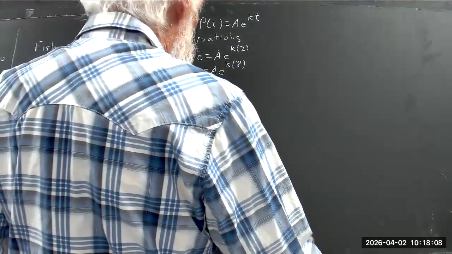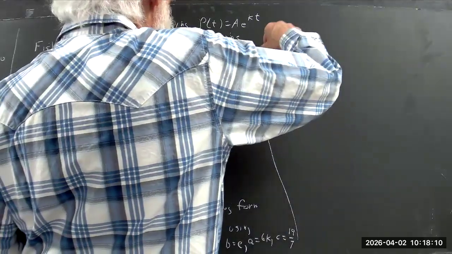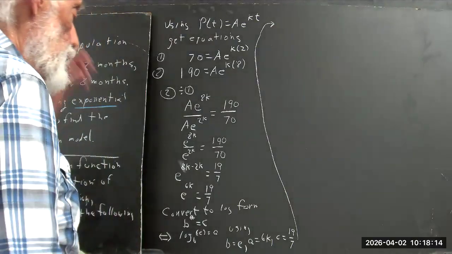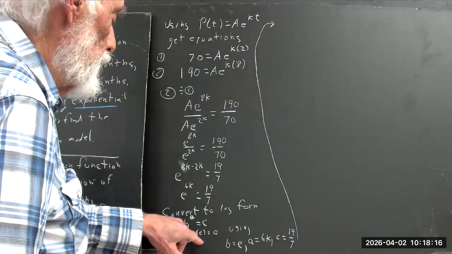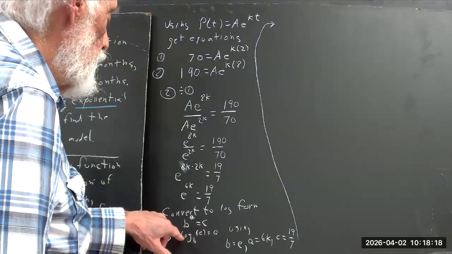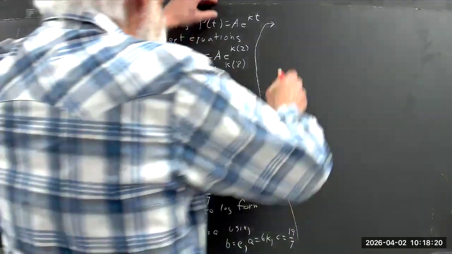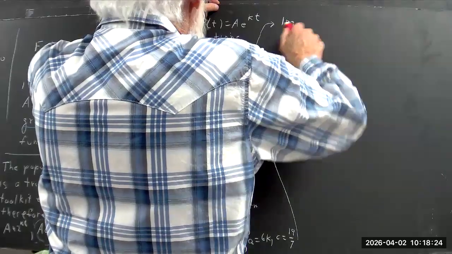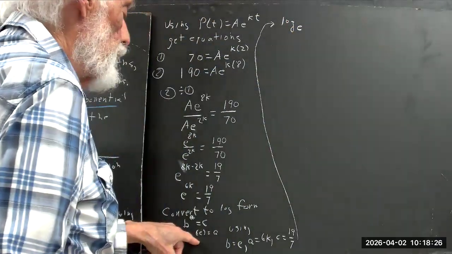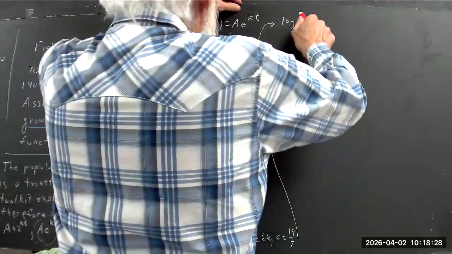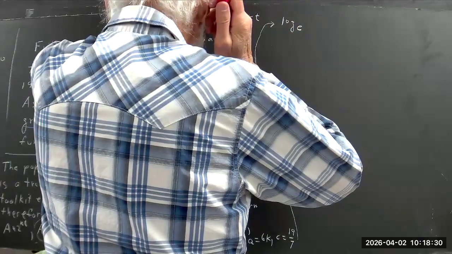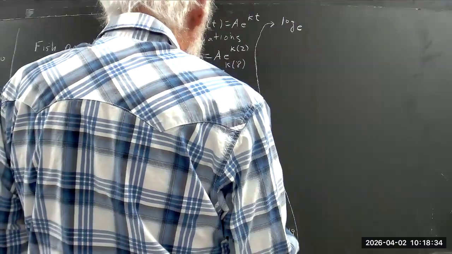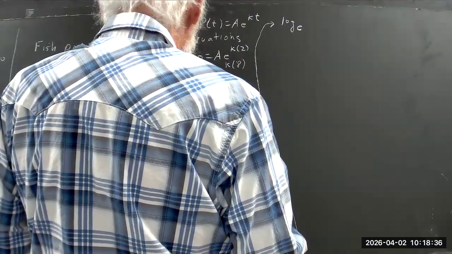I don't have room to write it down here, so I'll just come up now. And this gives us the equation log base B of C equals A. B is e, so we have log base e of C. Uh-oh, no, I wrote it down wrong. A is 6k. C is 19/7.